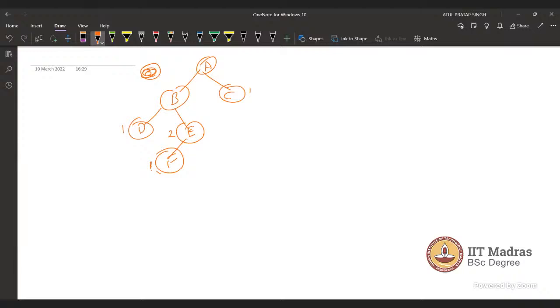Which is the largest, because we are updating this height from the leaf. So there is no need to check the complete path. Just check the heights of the child nodes, which is the maximum. So E's height is the maximum, 2. Then we add 1 here: 2 plus 1 is 3. Okay, now for A, who is the maximum? 3 and 1, so 3. 3 plus 1 is 4. So this is the height update.